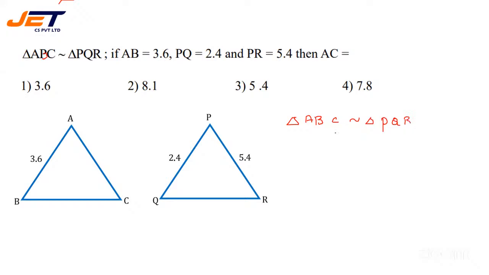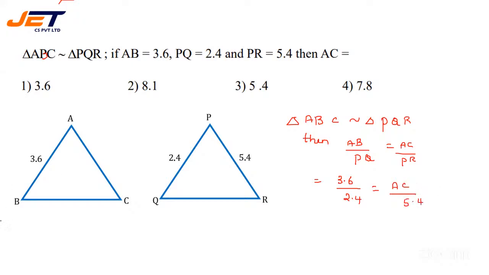So when one triangle is similar to the other triangle, then we know that AB by PQ is equal to AC by PR. So it means that the sides are same, isn't it? So what is AB? 3.6 by PQ is 2.4 is equal to, we don't know AC, by PR is 5.4, right?